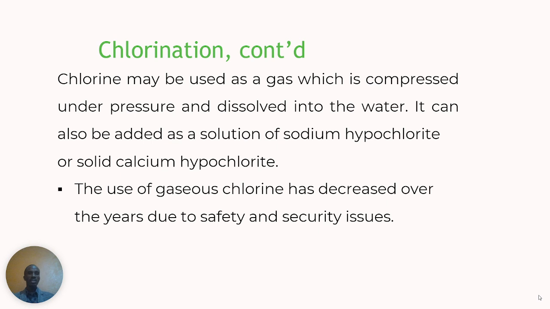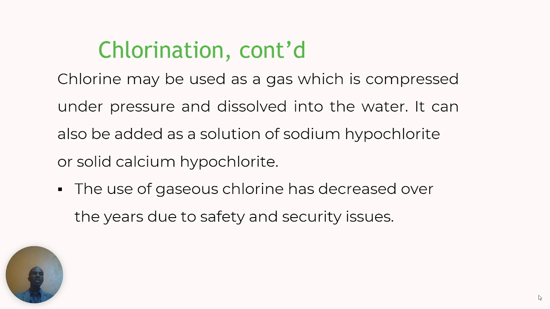So as we look at it in more detail, we realize that chlorine can be used as a gas, which is compressed under pressure and dissolved into water. It can also be added as a solution of sodium hypochlorite, or it can be used as solid calcium hypochlorite.